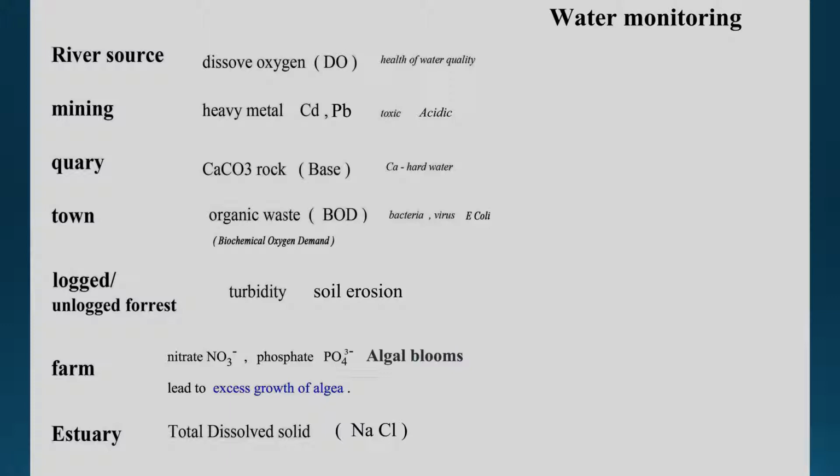Now, water monitoring. River source: how are you going to test dissolved oxygen? Oxygen meter. Mining: heavy metal, for example Pb, should be acidic. Use PbI2 precipitate, yellow, and use AAS to quantify.